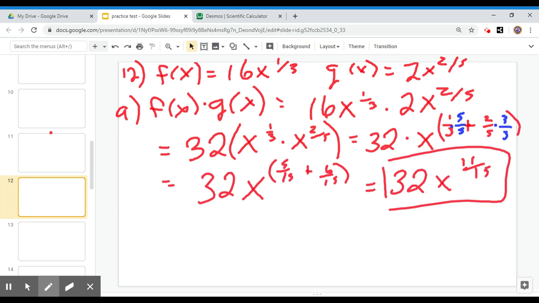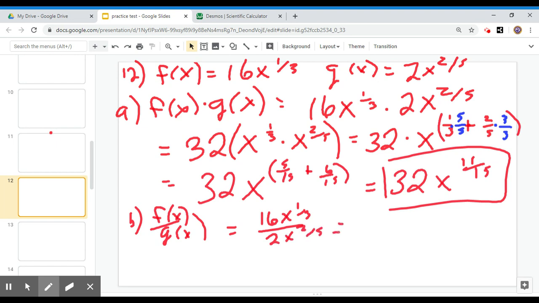So for part B here, we are looking for f of x over g of x. So that's going to be 16x to the 1/3 over 2x to the 2/5. So again, we can first deal with the coefficients. So we have 16 divided by 2. So 16 over 2 here is just 8.